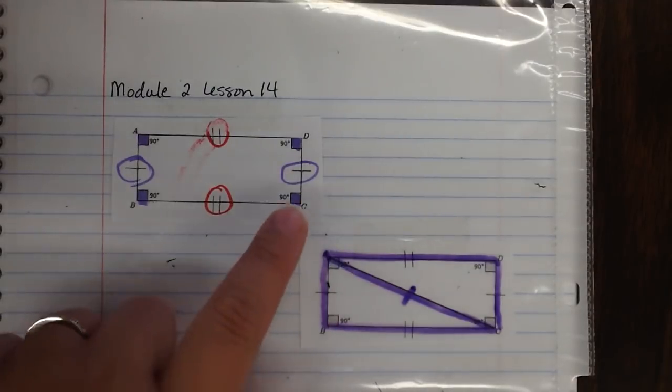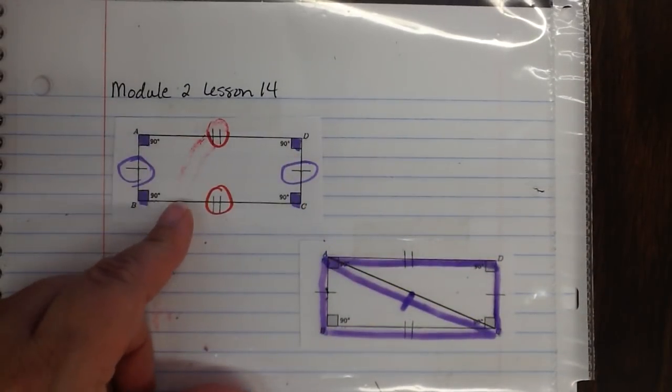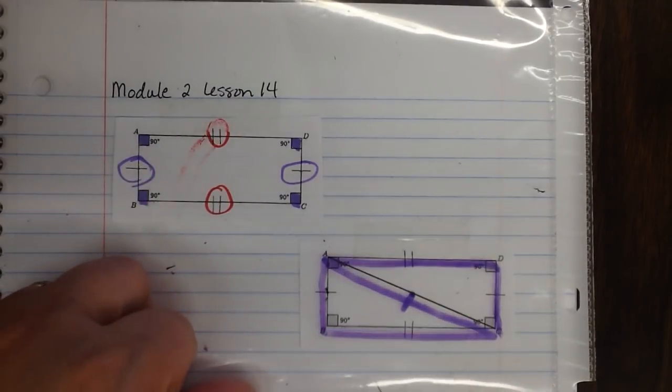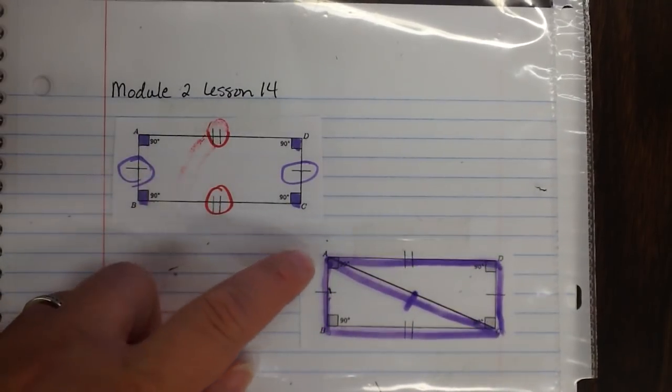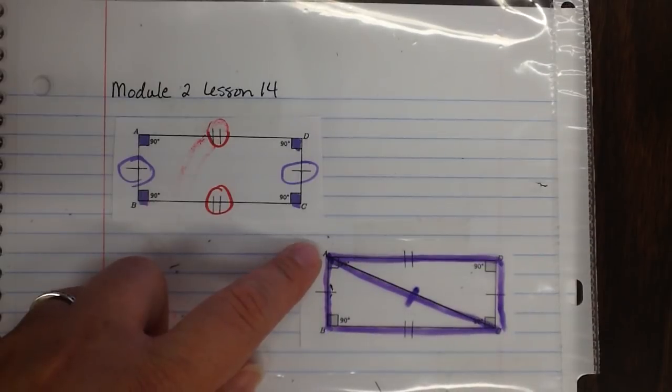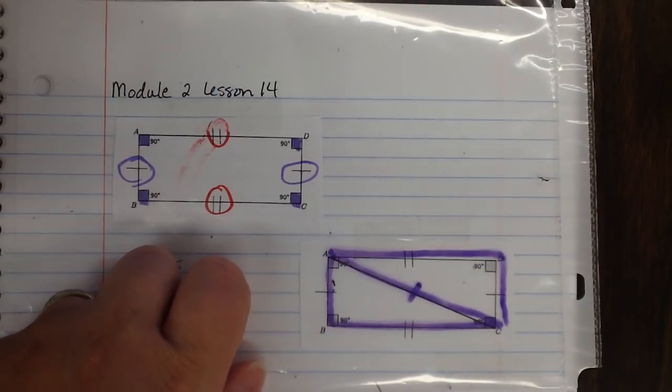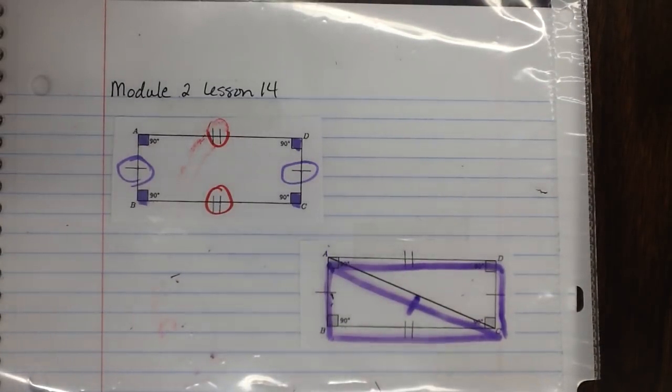We know it has four right angles, so four right angles is 360 degrees. And if we take this rectangle and divide it in half, 360 divided by 2 is 180. So each side would get 180 degrees. So that's another way to prove it's 180 degrees.